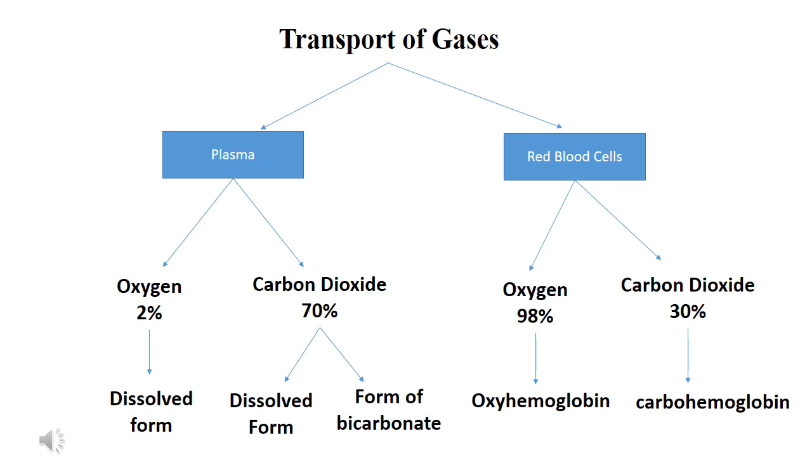However, the carbon dioxide is transported via the plasma in either the dissolved form or in the form of bicarbonate. However, in case of red blood cells, oxygen binds to hemoglobin to form oxyhemoglobin, while carbon dioxide binds to hemoglobin to form carbohemoglobin.